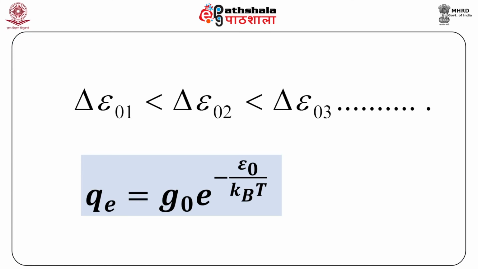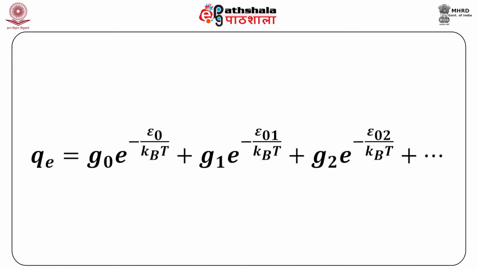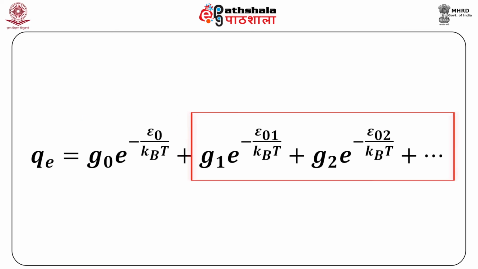But since the energy spacing is very, very large, except for the first term, all higher terms become almost negligible, because they all have an exponential with a negative sign, so the contribution becomes very, very small.